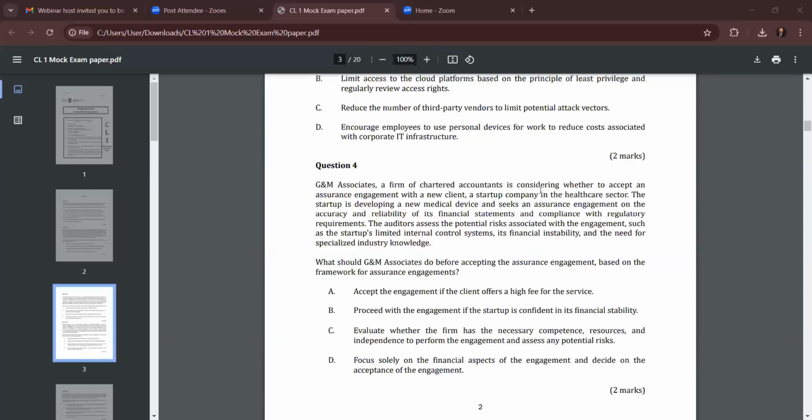What do you think? It's a startup, students, mostly projected income, new income, right? What sort of assurance can you provide? Very good, everybody. You can't provide reasonable assurance, right? Mostly you are providing limited assurance.